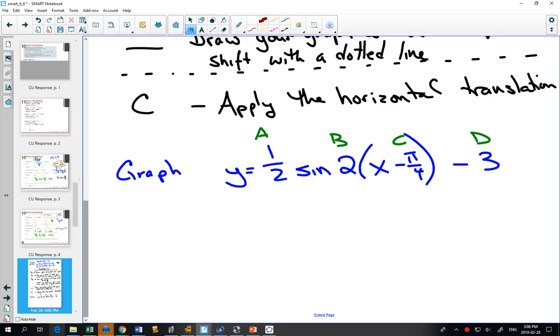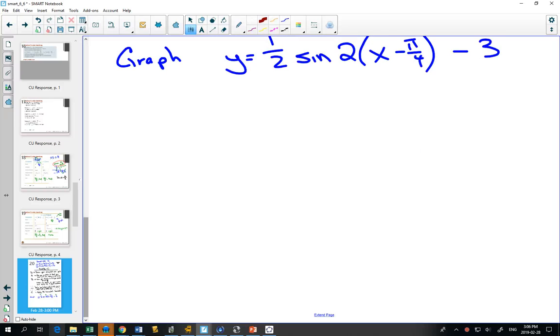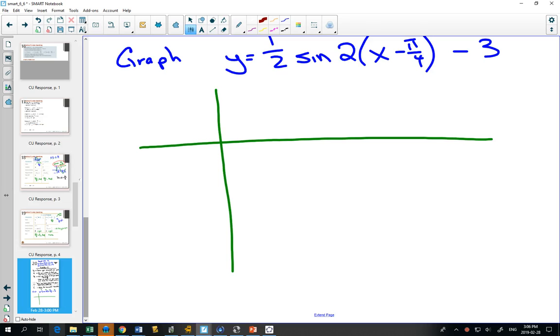What we do is we start by drawing our sinusoidal axis. Our d value is -3. So we go to 1, 2, 3, -3. Dotted line for your sinusoidal axis. If you have a red pen, even better. Label it. Y equals -3 is your center line.